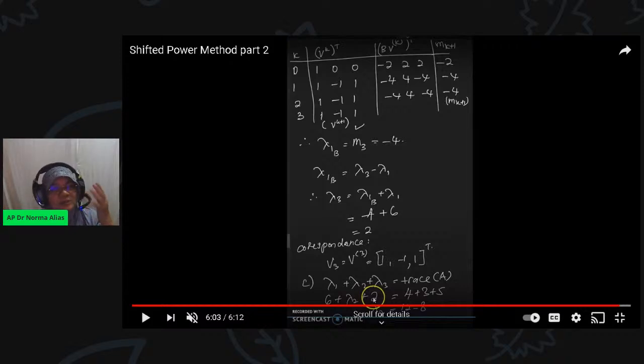What is the objective of today's session? I met you today to explain how to find the area of the region of the eigenvalue lambda, and to find the dominant eigenvalue of matrix A. Then to find the minimum eigenvalue of matrix A by using the shifted power method, where I change matrix A to B, with B equal to A minus lambda 1a times the identity. And to find all the eigenvalues, lambda 2, with the formula lambda 1 plus lambda 2 plus lambda 3 equals trace A.